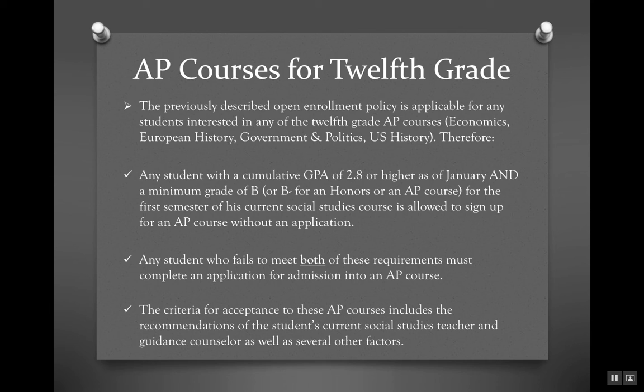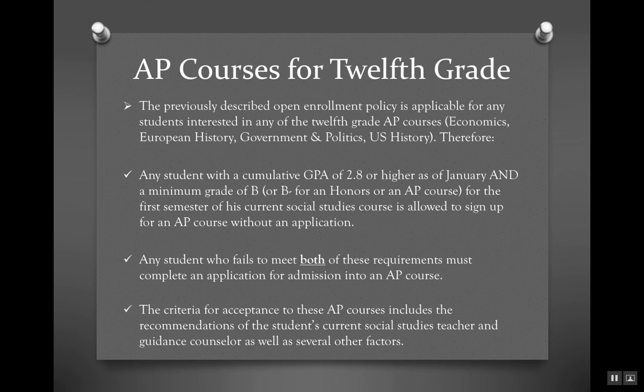So our AP courses for seniors. The policy that I described a few minutes ago regarding open enrollment, this is applicable also to students who want to take our 12th grade AP courses. That is Economics, European History, Government and Politics for US. So again, the same criteria are in play. You must have that cumulative GPA of 2.8 or higher and a minimum grade of B or B- if it's honors or AP.